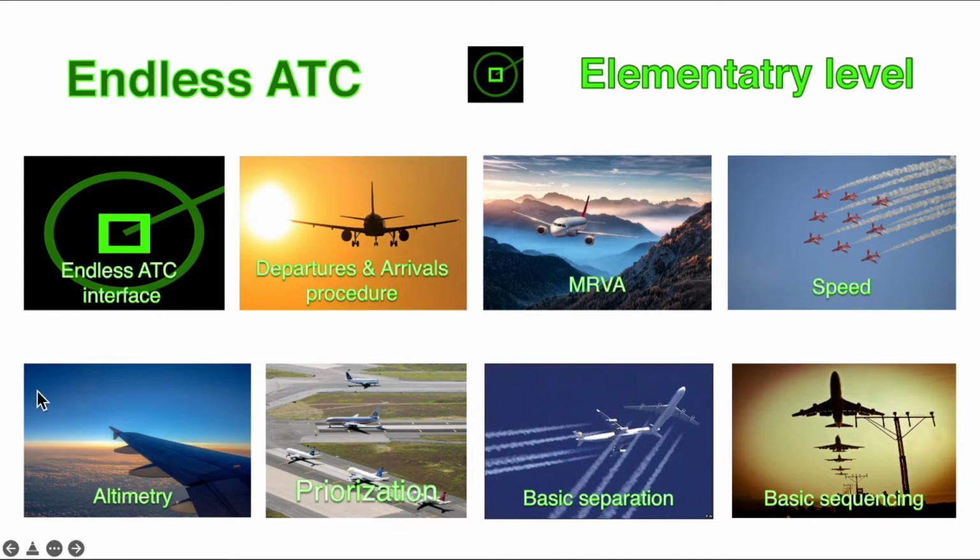We're going to talk about altimetry, the different heights that we consider, and also the influence of the altitude of the plane on speed. At the end of this theoretical part, we're going to talk about prioritization, which instruction is more important to give, and the most interesting thing in my opinion is going to be the basic separation techniques and the basic sequencing techniques. So welcome to the elementary level again. I hope that you enjoy it, and let's go to the point.